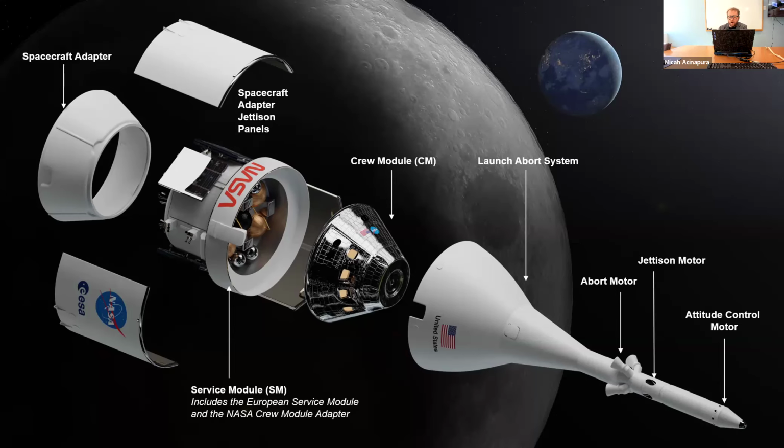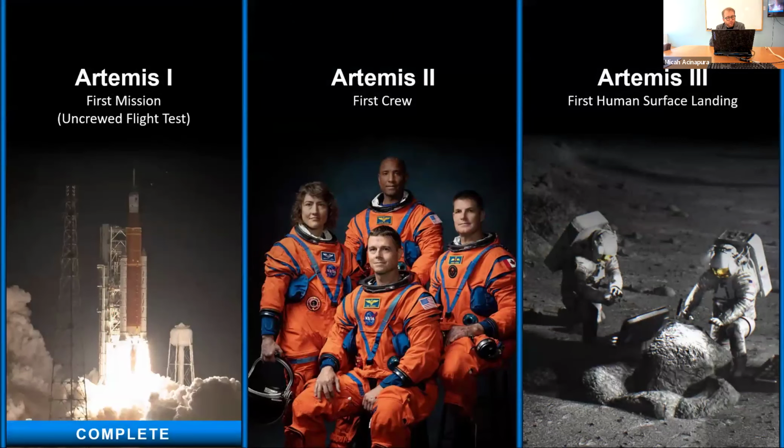So Artemis 1 already happened in November of 2022. It was uncrewed. The SLS rocket, along with the Orion crew capsule, went purely autonomously, orbited the moon, and came back. Everything was successful.